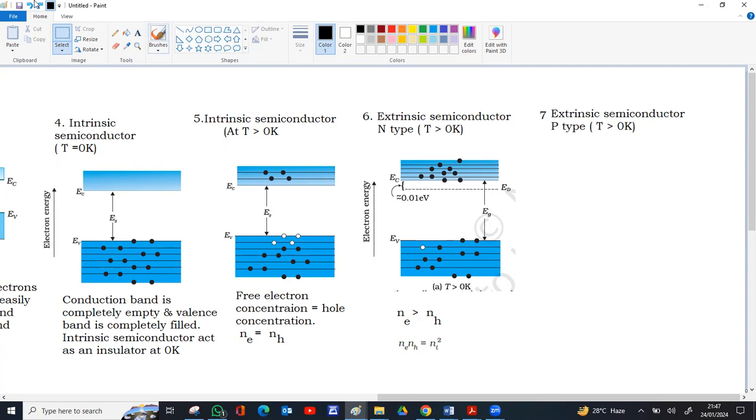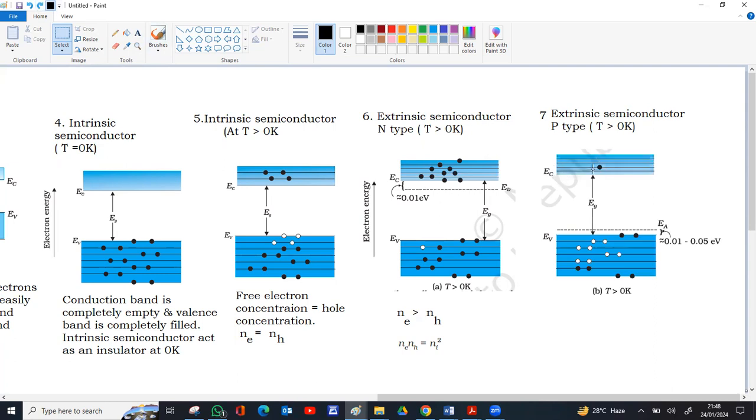Since the group 13 atom accepts 1 electron from silicon, it is called acceptor ion or acceptor impurity. Since you are accepting electrons, their energy level will be very close to the valence band. Here, since donating the electrons to the conduction band, the energy is very close to the conduction band energy levels.